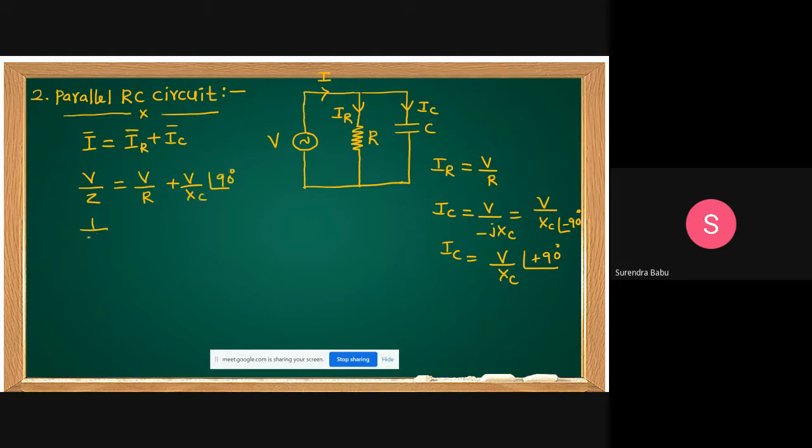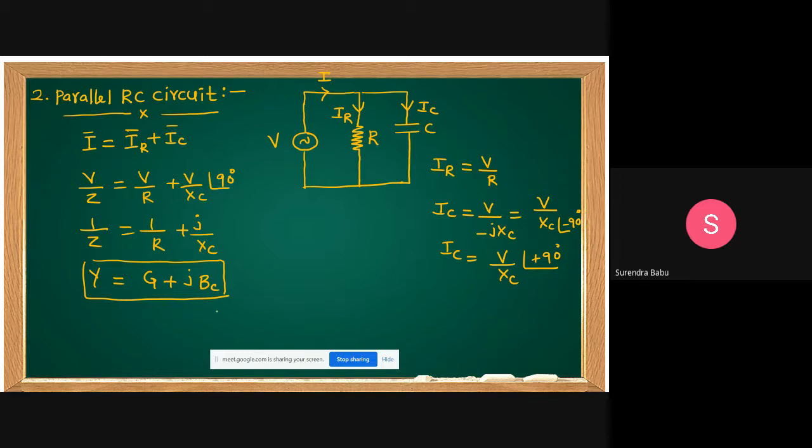V cancels. 1 by Z equal to 1 by R plus j by XC. 1 by Z is Y, 1 by R is G, 1 by XC is BC, the capacitive susceptance. For a capacitor, the susceptance is positive. For an inductor, the susceptance is negative.